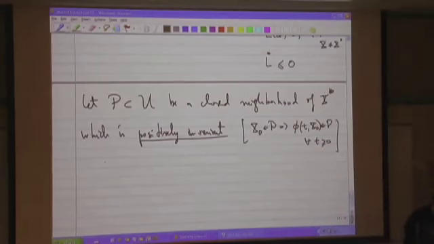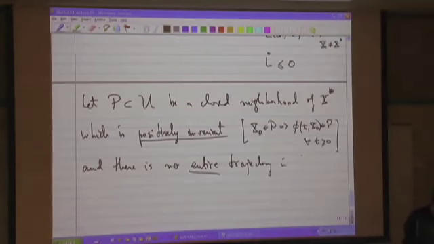And there is no entire solution, entire trajectory, in P minus the equilibrium point on which L is constant.